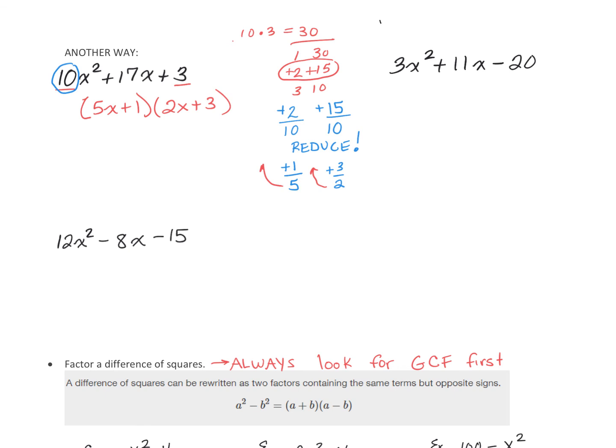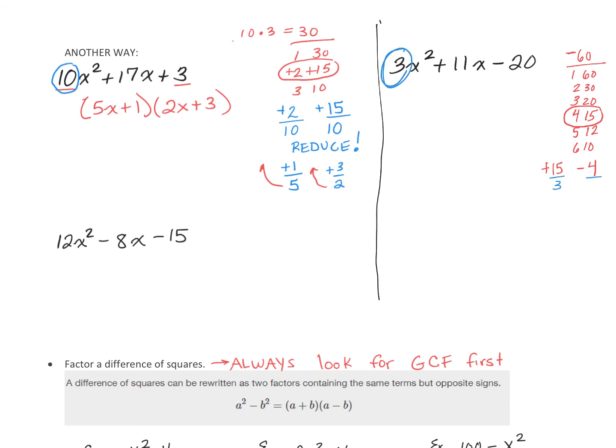Let's take a look at this next example. If you recall, we multiplied 3 times negative 20 and got negative 60. We made that same list, 2 times 30, 3 times 20, 4 times 15, 5 times 12, and 6 times 10. We used positive 15 and negative 4. Those will multiply to negative 60 and add to 11. We're going to divide by our lead coefficient, which is 3, and then we're going to reduce.